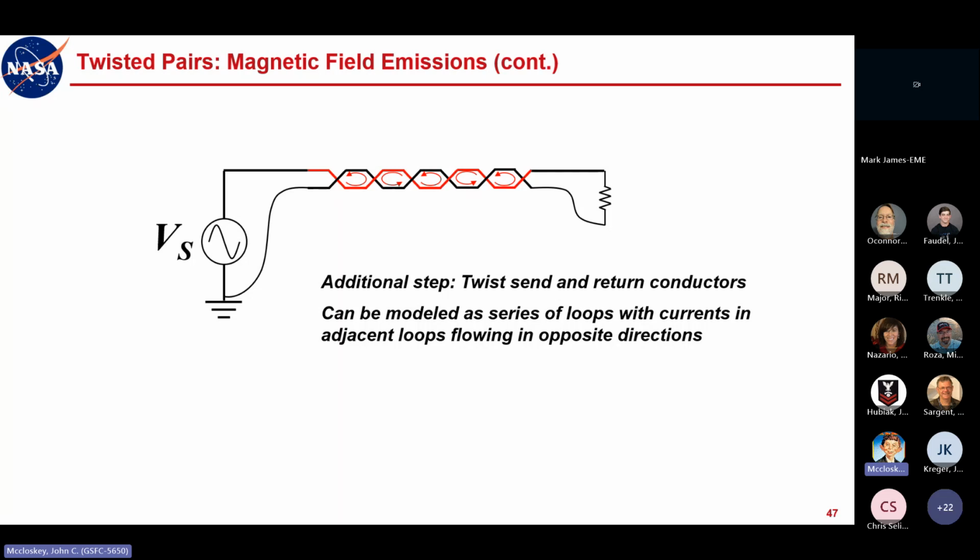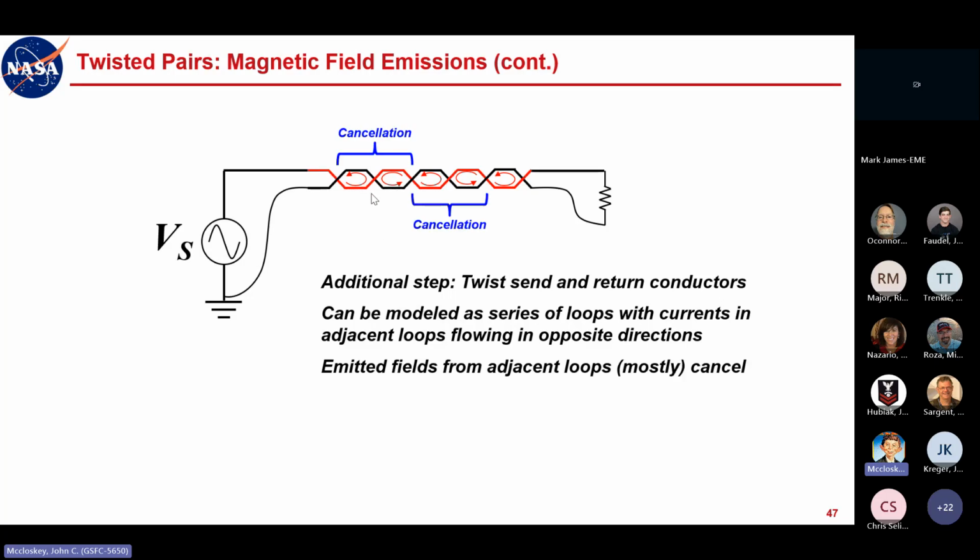But a simplistic way of looking at it is a sequence of loops in opposite directions, so the emitted fields from the adjacent loops will mostly cancel. You have this pair of loops, those fields will cancel, this pair of loops they'll cancel. So the worst case emissions are going to come from the loop area of a single half twist.